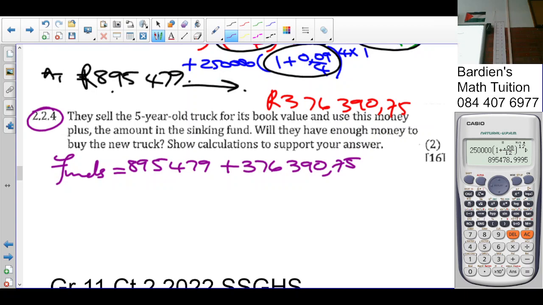So it's going to be that answer plus 376,390 rand and 75 cents.